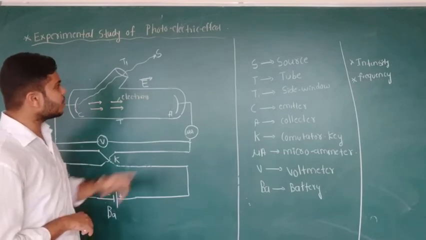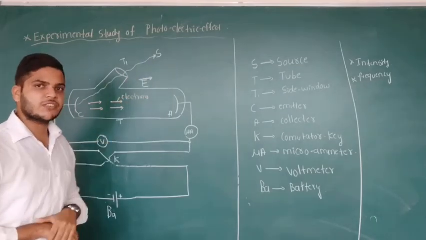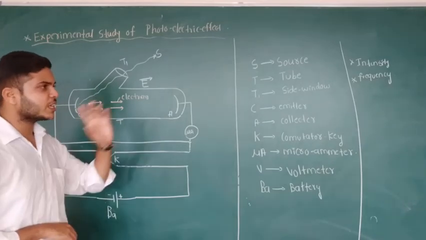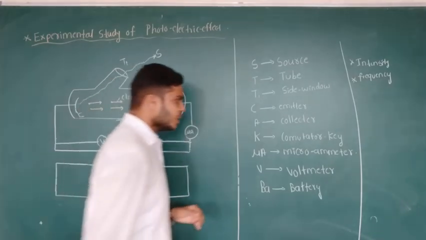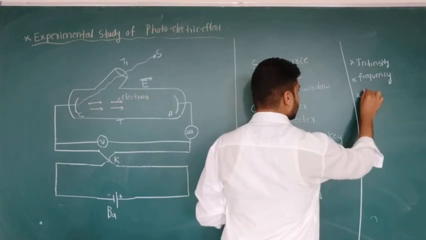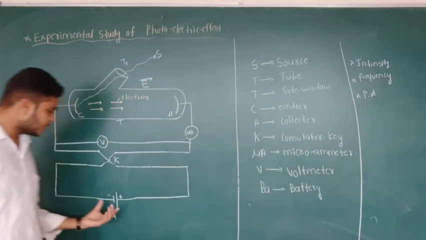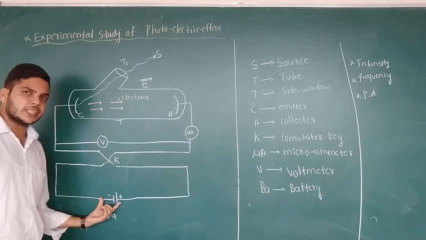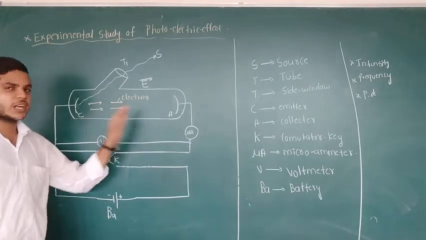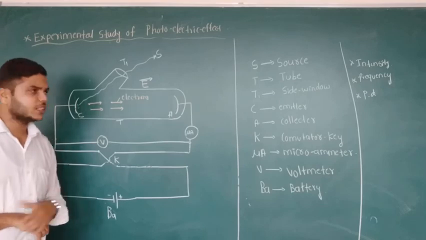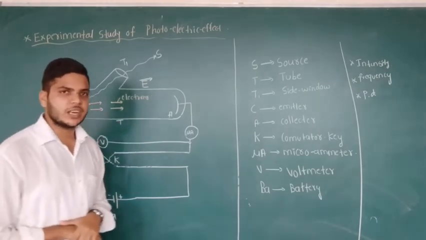In the second case I use a blue color filter. Therefore, by changing the filter we can change the frequency. In the third case, we are changing the potential difference, and seeing how the photoelectric effect changes. These are some observations we are studying.